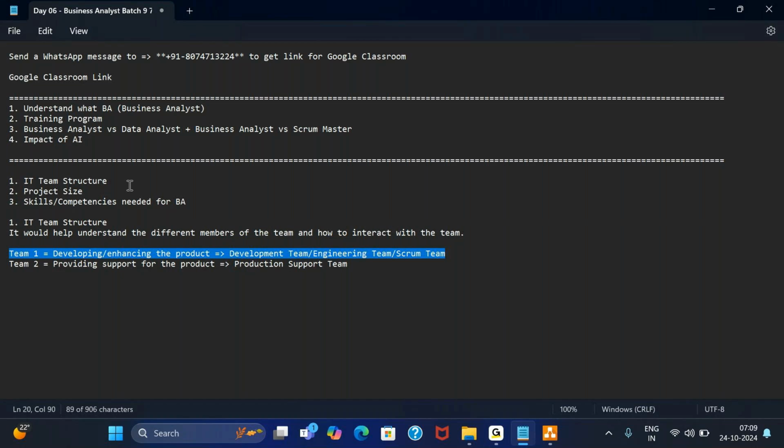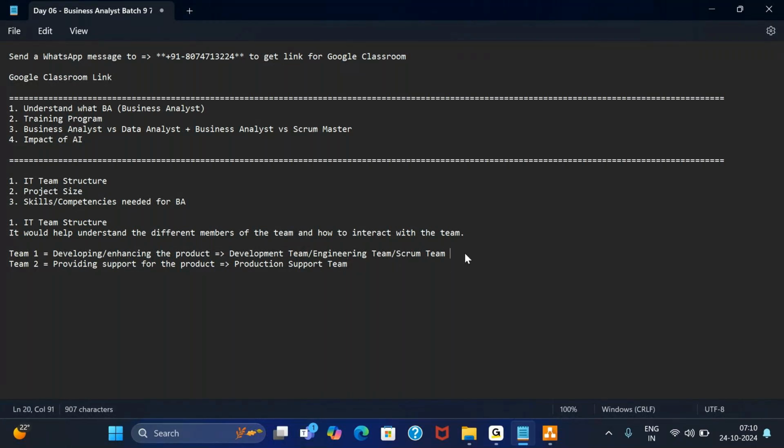So the development team, engineering team or scrum team is where our focus will be, because the production support team is mostly developer driven. There will be some issue in production, like people are not able to use the software, and why they are not able to use it is something that will be mostly analyzed by developers. So the proportion or the size will be less.